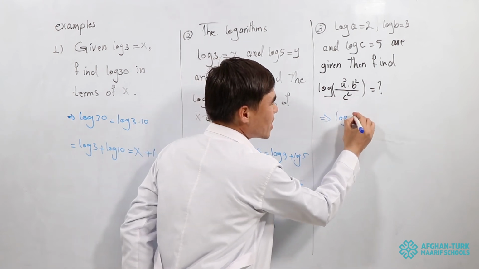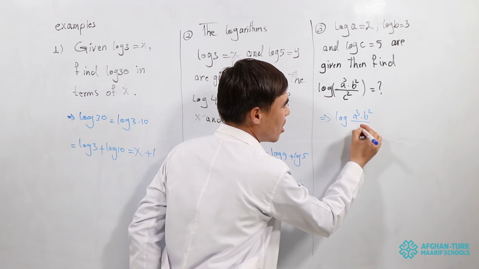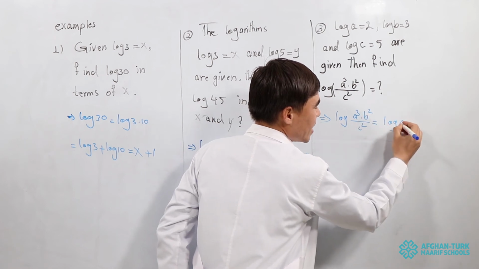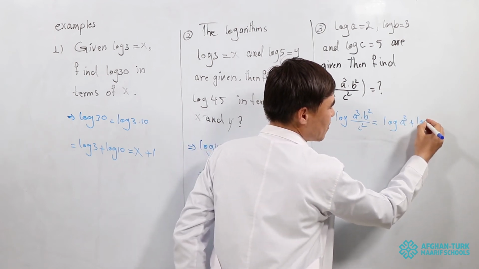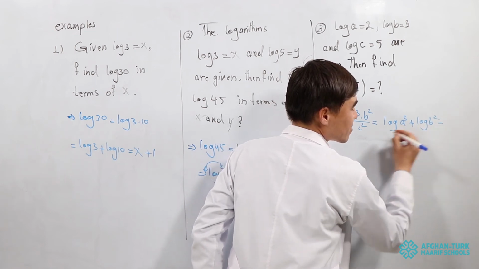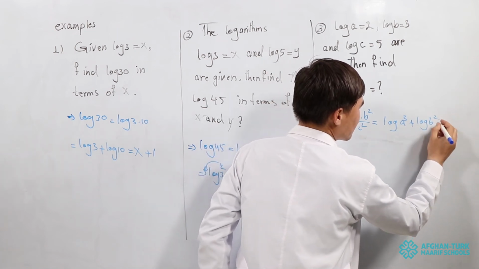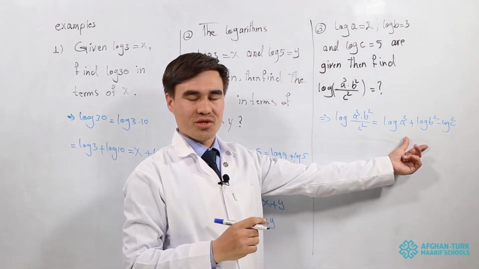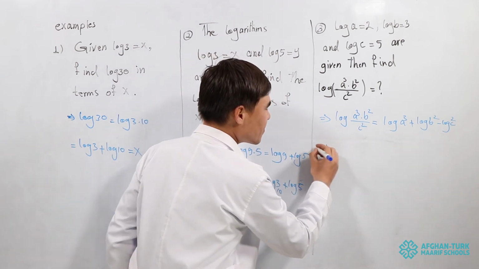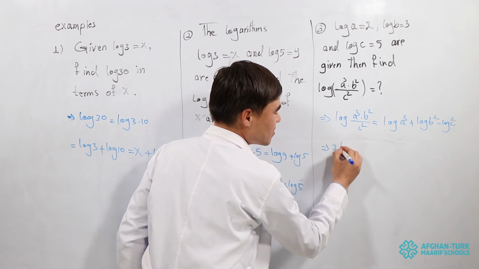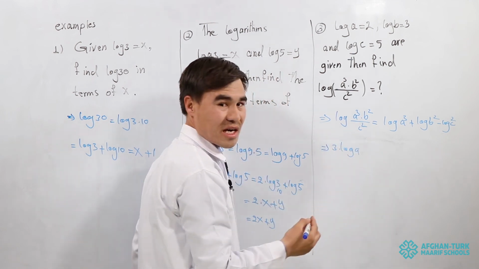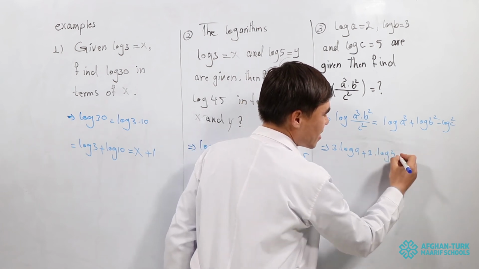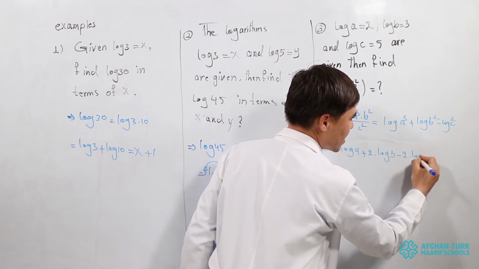Log of a cubed times b squared over c squared can be written to the base 10 as log of a cubed plus log of b squared minus log of c squared to base 10, as the properties which we had studied. And here this part can be written 3 times log of a to base 10, as we studied the property, plus 2 times log of b to base 10 minus 2 times log of c to base 10.